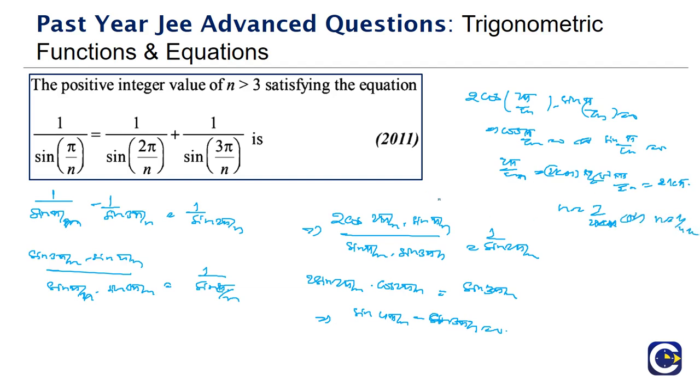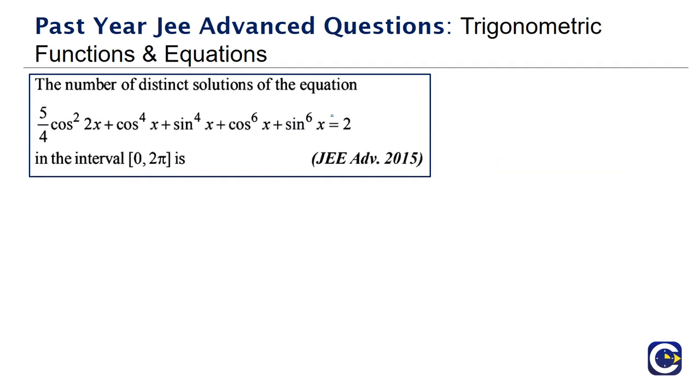So they asked for an integer value greater than 3, which is not possible in the case of the second case. So for k is equal to 0 in the first case, you will get n value to be 7. So the final answer for this question is, the positive integer value is 7. Moving on to the next question.